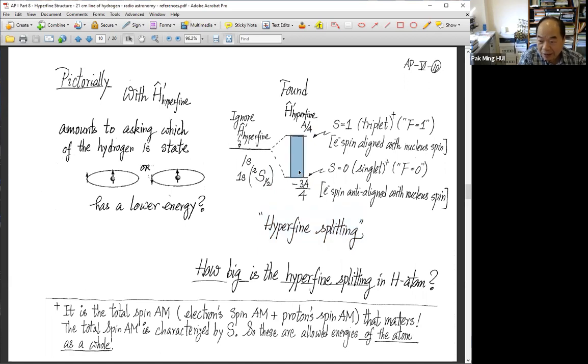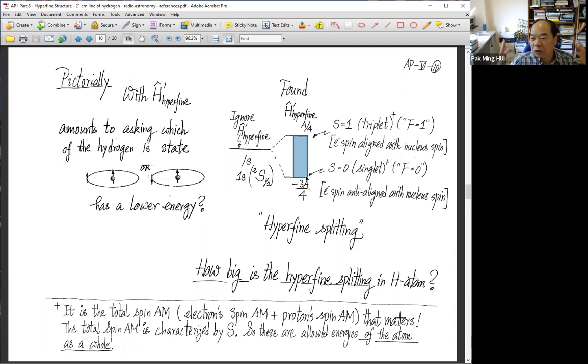Can we see it? Yes, we can. Every day, the astrophysicists are using this to survey the sky, so-called survey the universe, the interstellar space. There are hydrogen atoms there, very dilute. Therefore, there are atoms there.